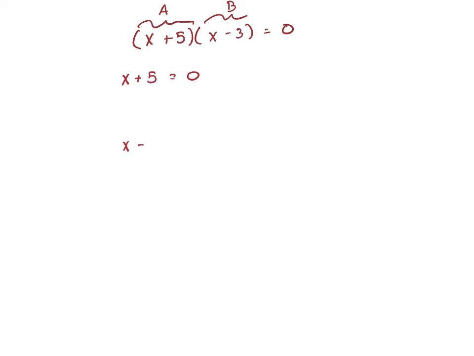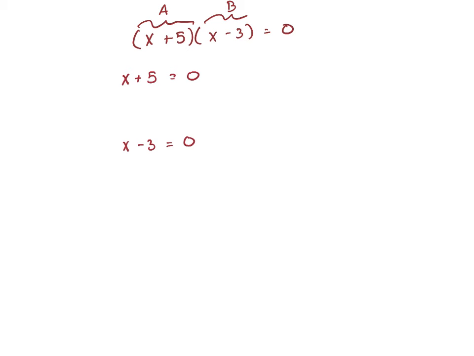So let's take a quadratic that's already been factored for us. X plus 5 times x minus 3 equals 0. If a, this is like your a, times b equals 0, then either a equals 0, so either x plus 5 equals 0, or b equals 0, x minus 3 equals 0.